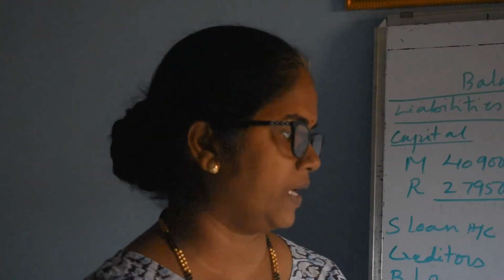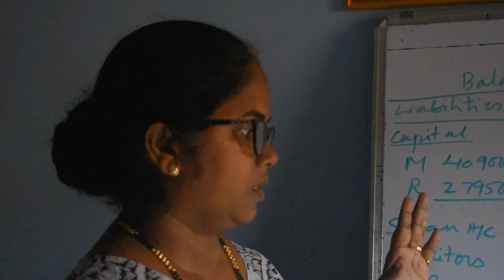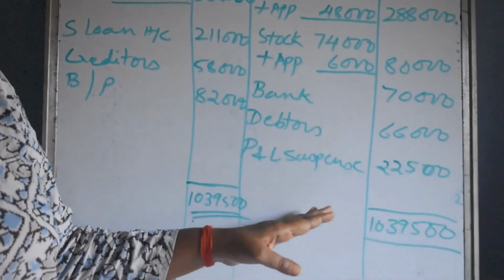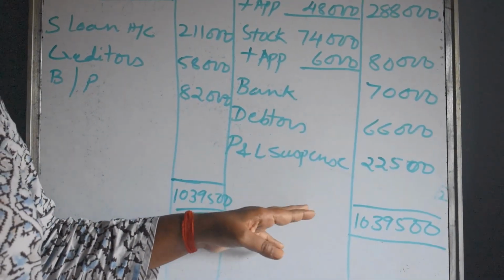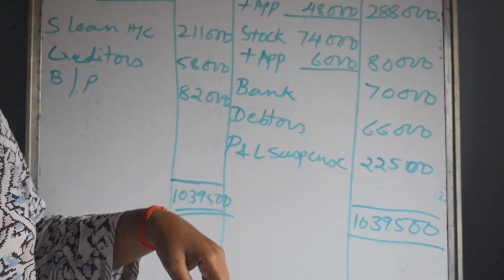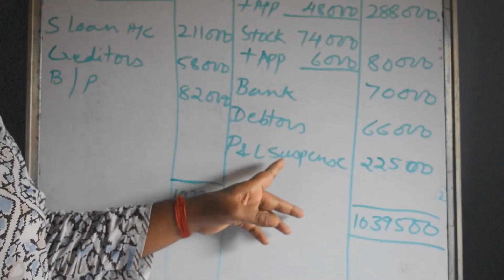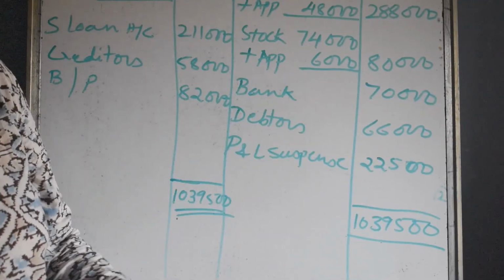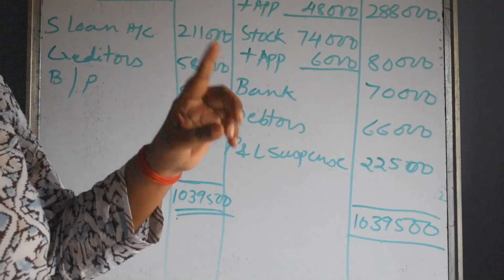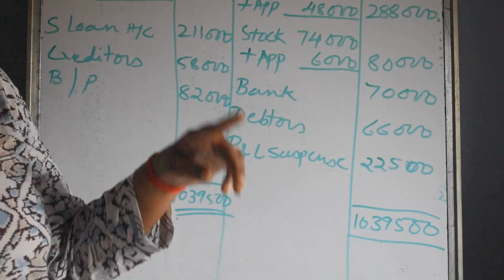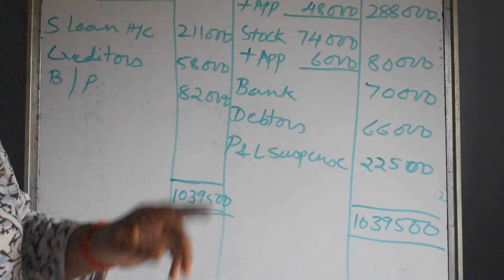We have to add all those items every year. And if there is drawings or interest on drawings, you have to minus it from the profit and loss suspense account. Okay, you have to do this only if it is given in the problem adjustment. And the profit and loss suspense account will come in the partners' capital account. Interest on capital will come in the partners' capital account, plus in the balance sheet you have to add to this.